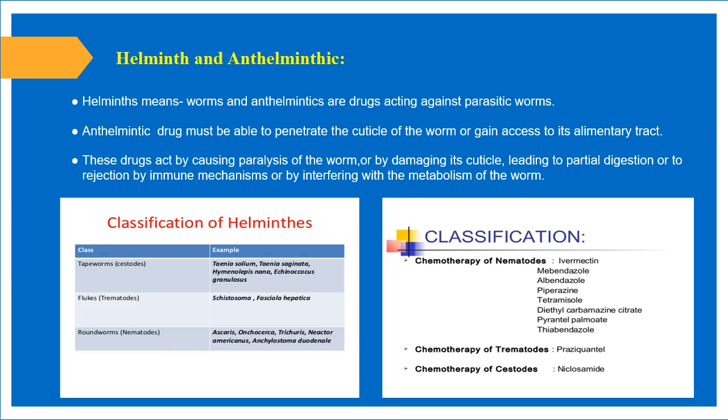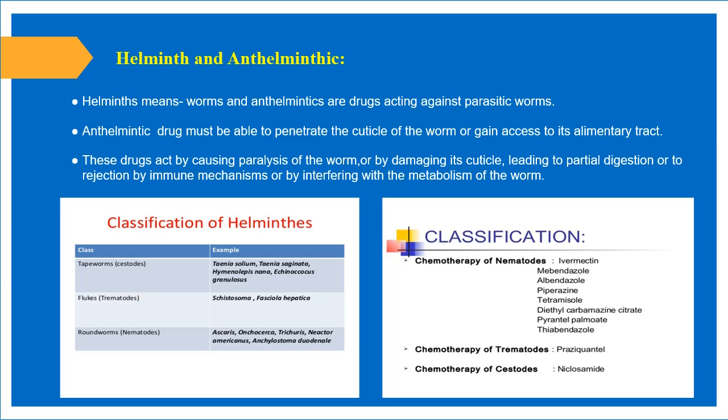Flukes are also called trematodes, and the examples are Schistosoma haematobium, Schistosoma mansoni, Schistosoma japonicum. Roundworms or hookworms are also called nematodes.